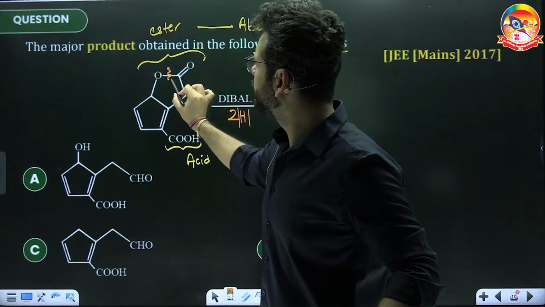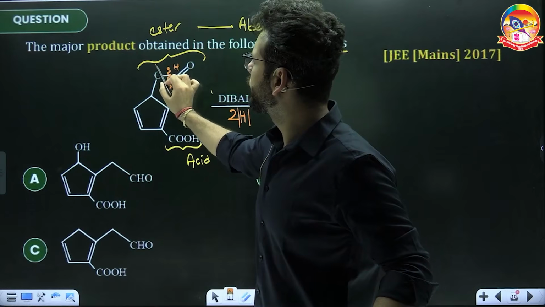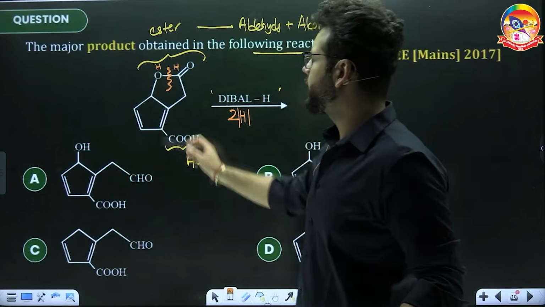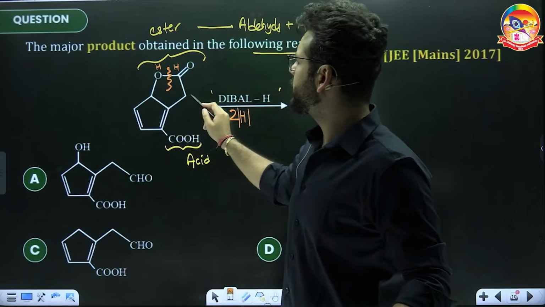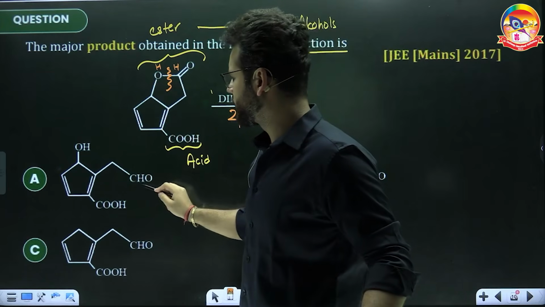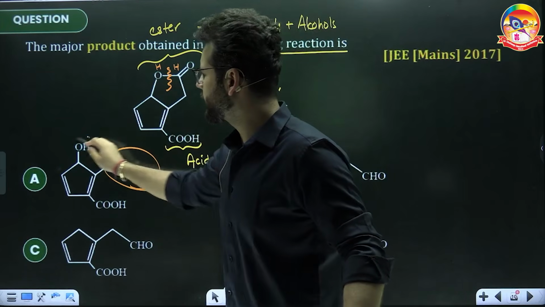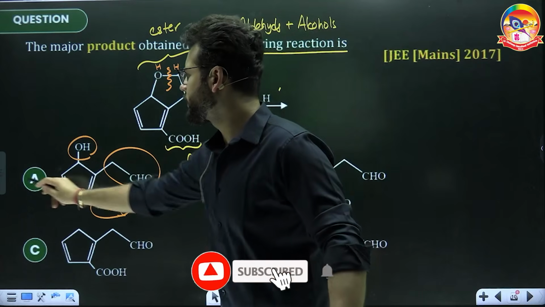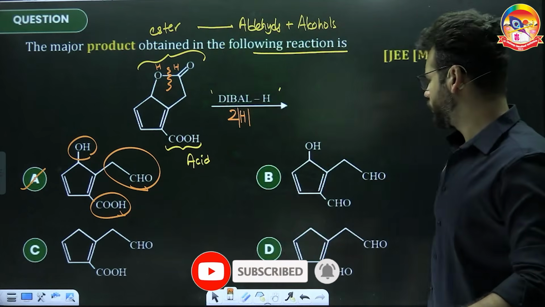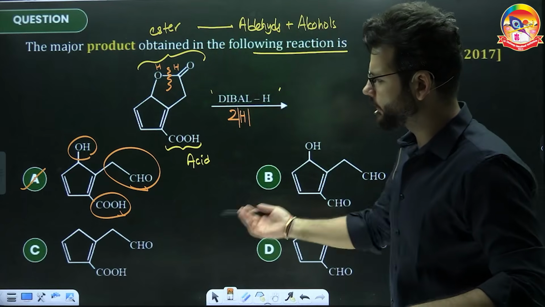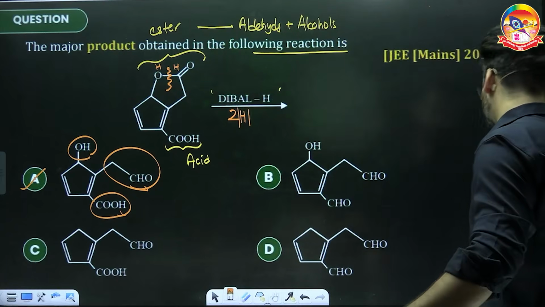One H goes here, one H goes here. So finally this will become an OH group like this, and here I'll get a CH2CHO like this. So this is correct, this is correct, and COOH is not touched. It's option A, right? We reach option A. Other ones don't look correct, so option A is the final answer.